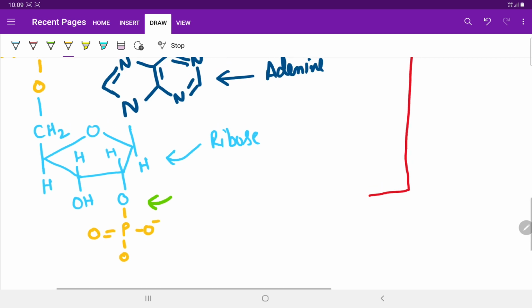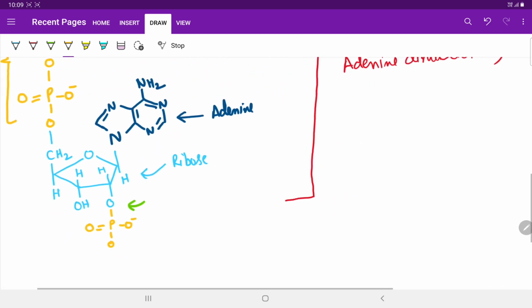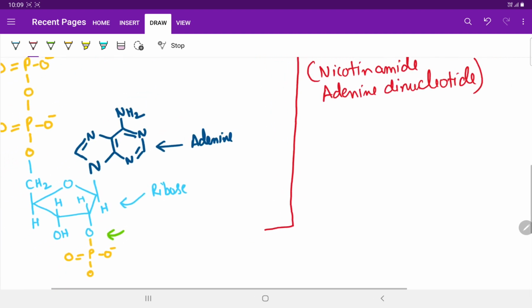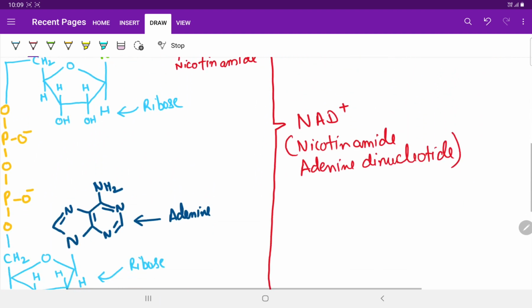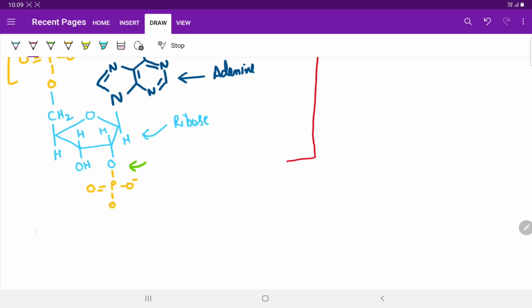Students, this is the structure of NADP. Now this whole structure is of NADP. This is nicotinamide adenine dinucleotide phosphate.